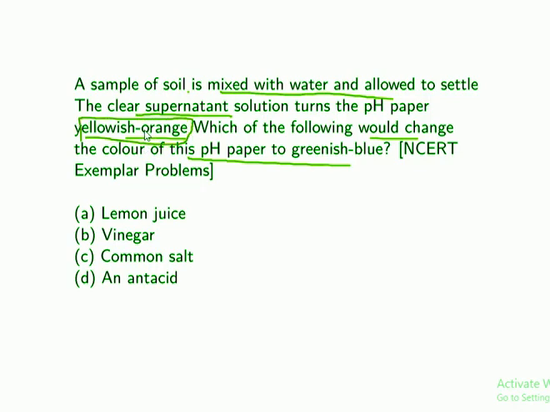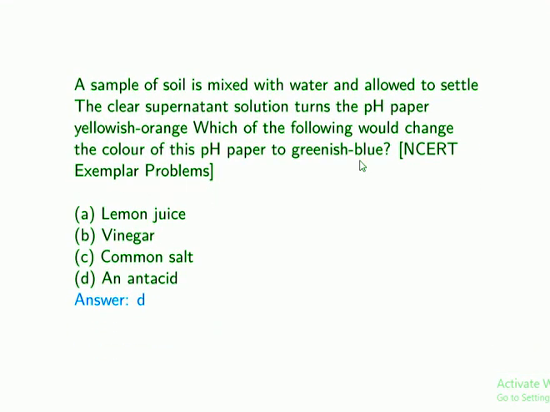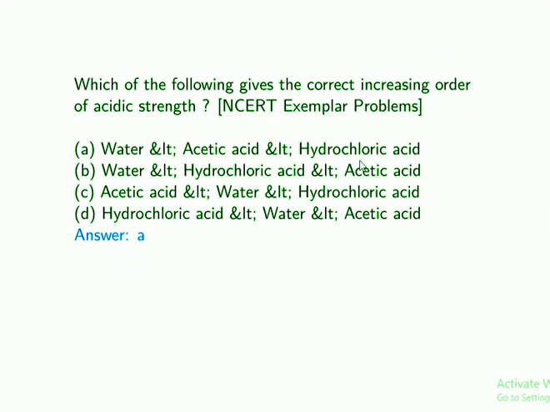Okay. After some time, you are going to see the pH paper has turned to greenish blue. So which element has turned this yellowish orange to greenish blue? That is nothing but your antacid. Okay. An antacid can change the paper to the greenish blue in color. So this question is also repeated.